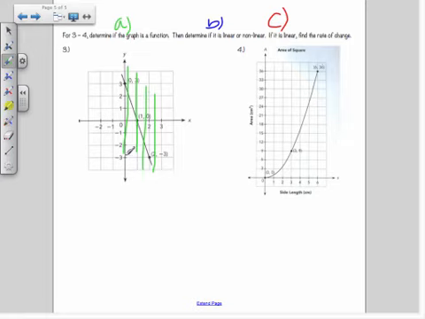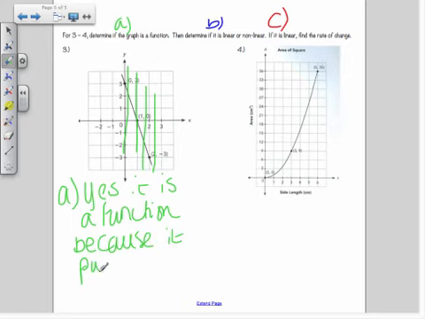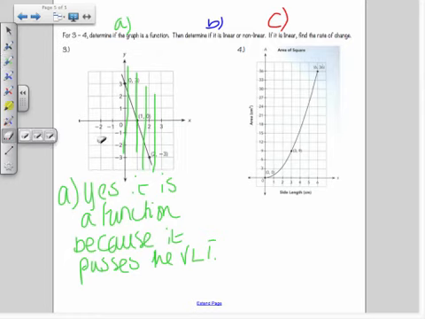So the answer to part A is yes, it is a function because it passes the vertical line test.